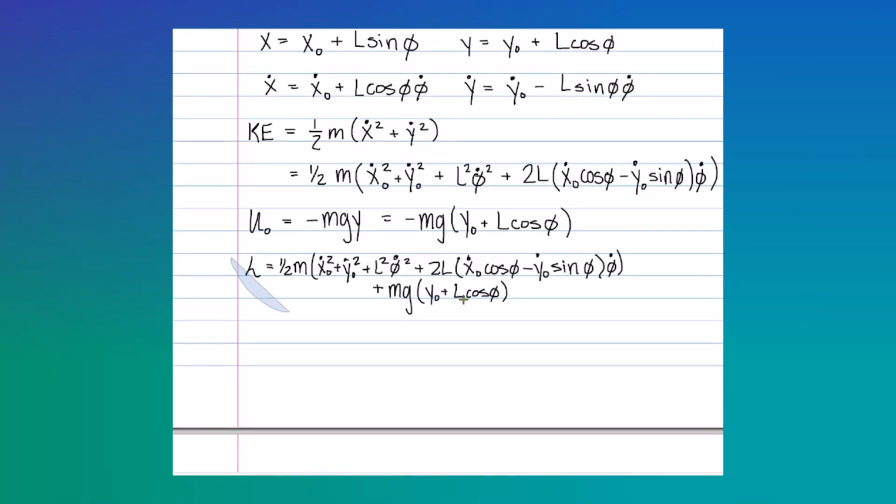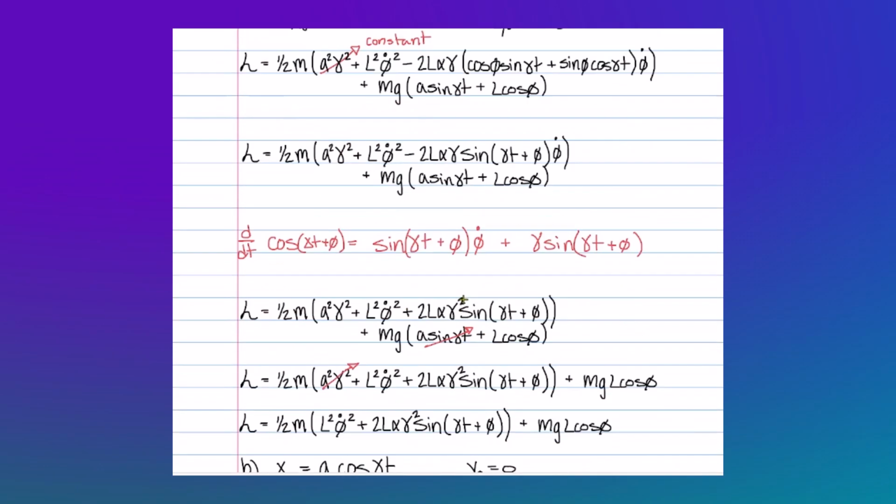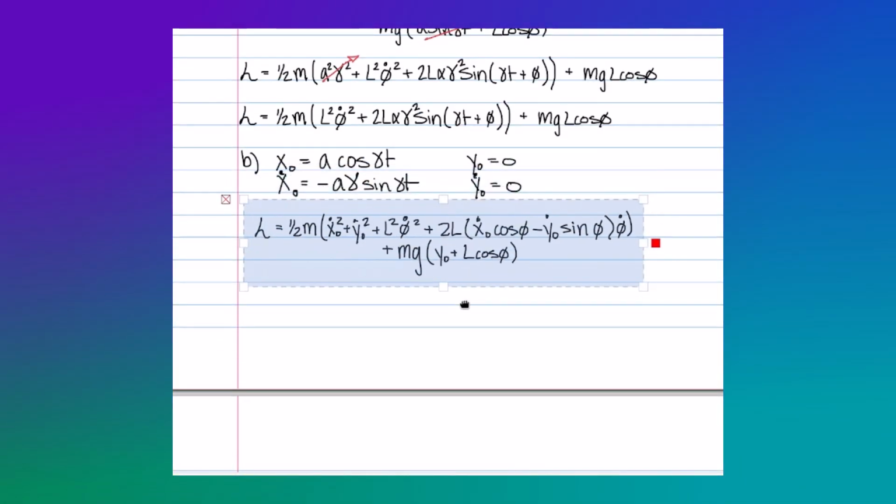So we can immediately start with our Lagrangian from the circular rotating case and delete the terms corresponding to y naught.